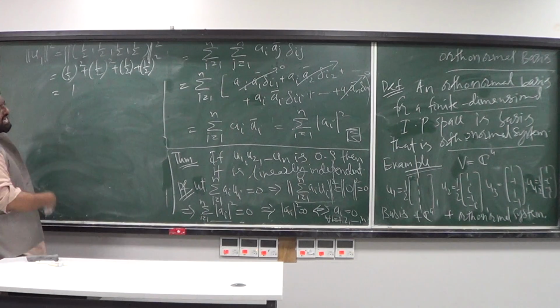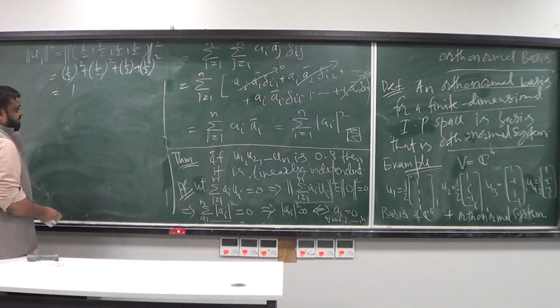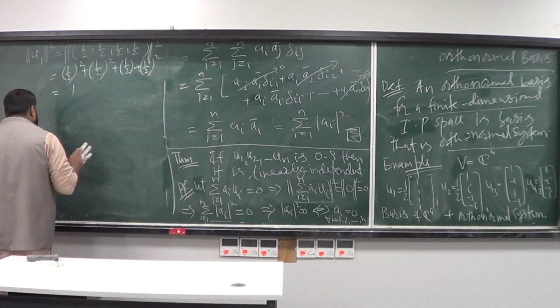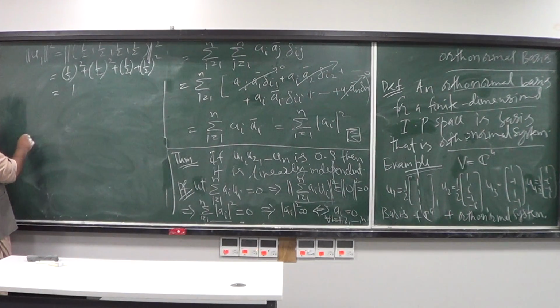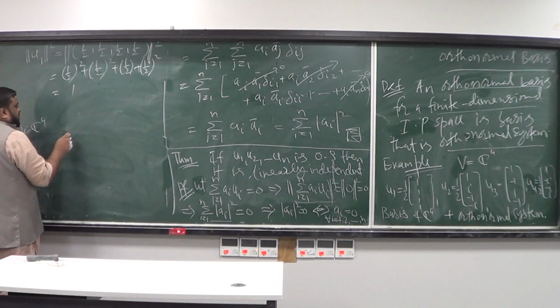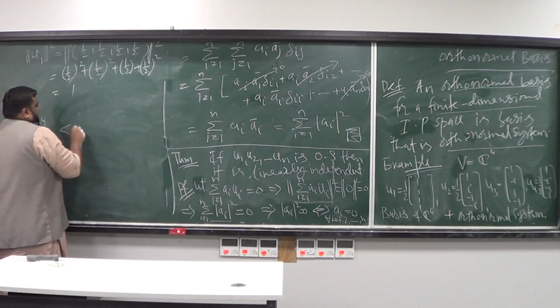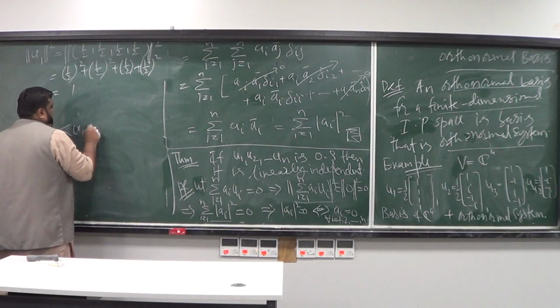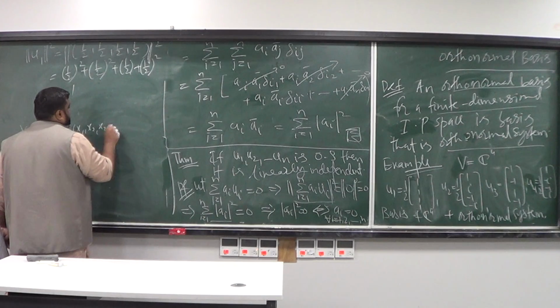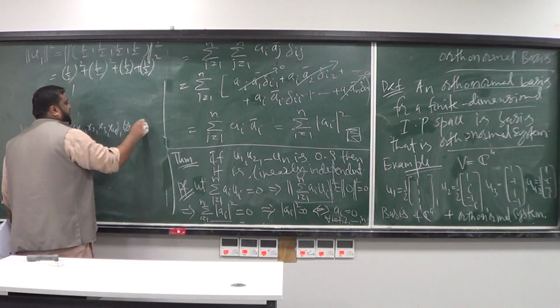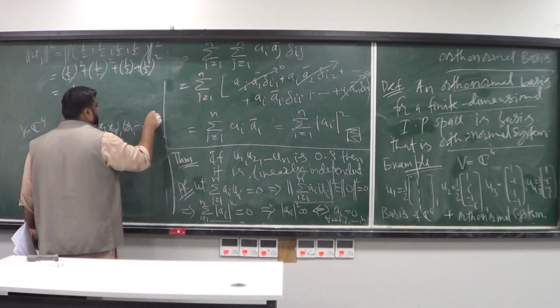Similarly, you can calculate the magnitudes of u2 and u3, but keep in view what the inner product on C4 is. If you take two vectors, say x1, x2, x3, x4 and y1, y2, y3, y4, there are things you have to do before watching this lecture.